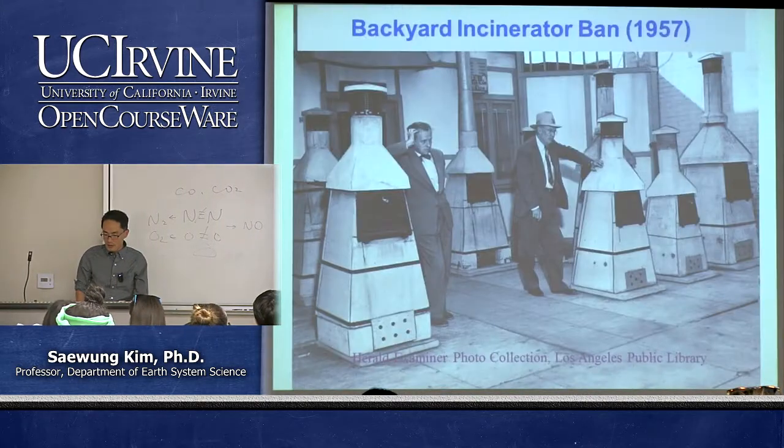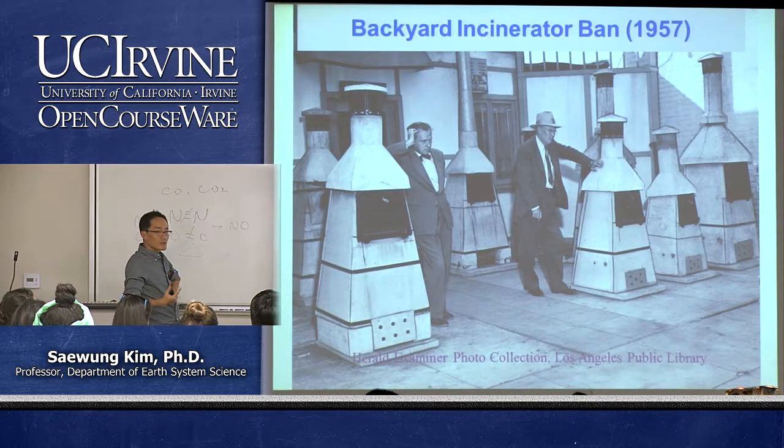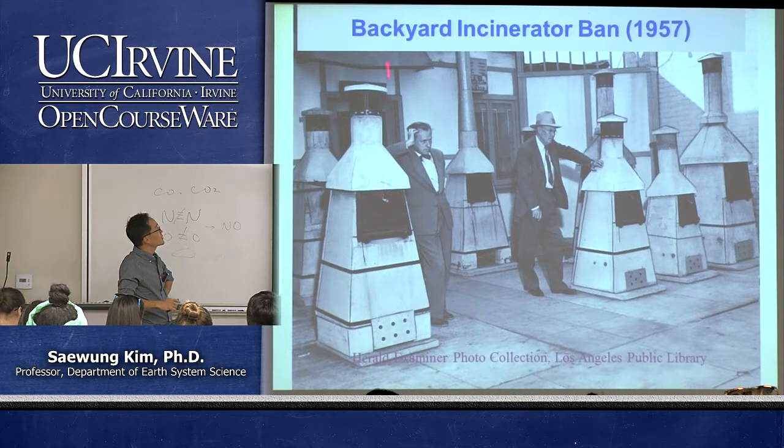And then to get rid of the waste burning problem, the backyard incinerator was banned in 1957. All the sellers who were selling this kind of fancy incinerator were disappointed about the decision.